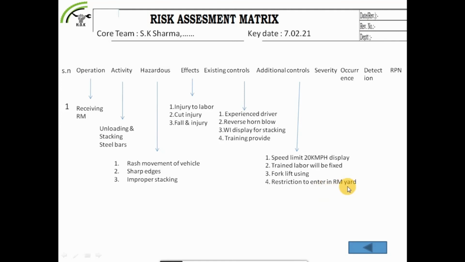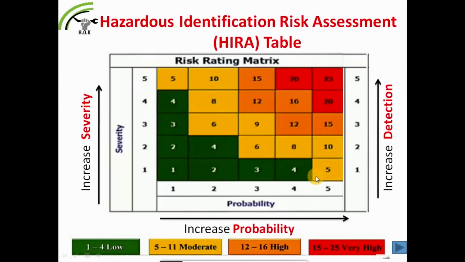These are some additional controls. Here severity is 5, occurrence is 4, detection is 1 and RPN is 20. So let's decide the RPN in this table. RPN comes under 15 to 25, which means it is very serious or very risky according to this table.